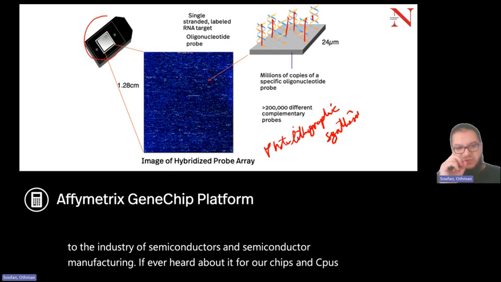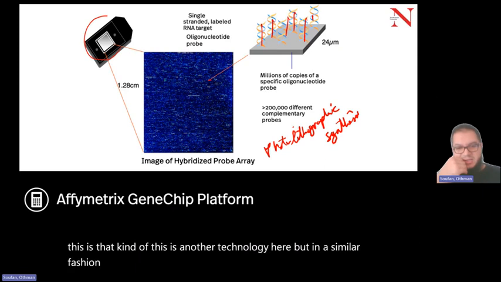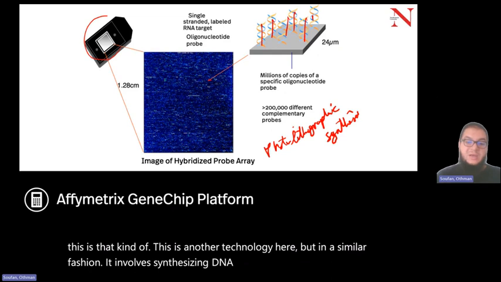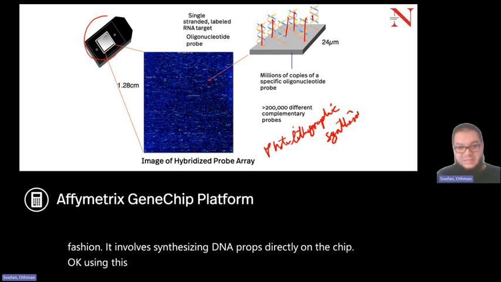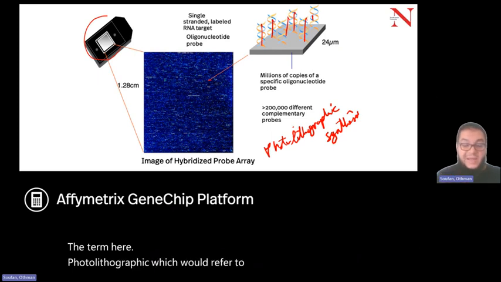So this is another technology here, but in a similar fashion, it involves synthesizing DNA probes directly on the chip, using this photolithographic approach, which refers to light-directed chemical synthesis.